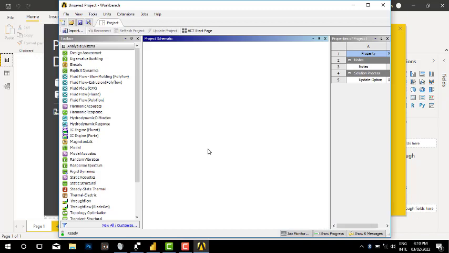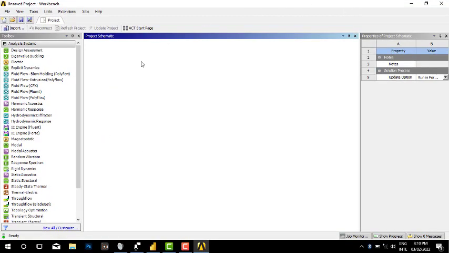Okay, here we are, and this is ANSYS Workbench. From the analysis toolbox here, you can see the different analyses that we can perform. You can perform design assessments, buckling, load buckling for mechanical structures or systems.